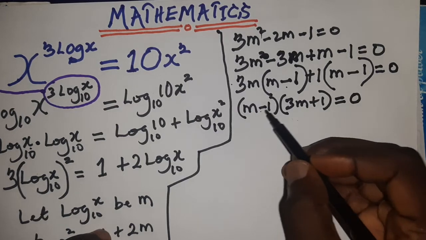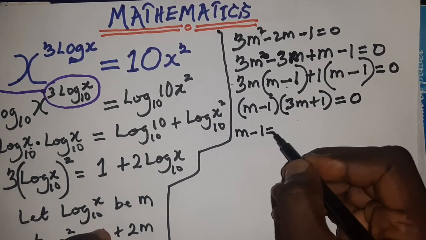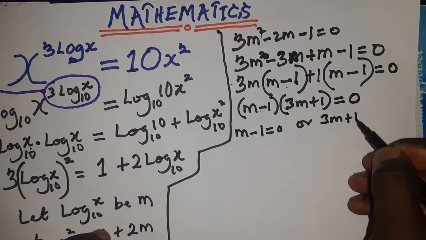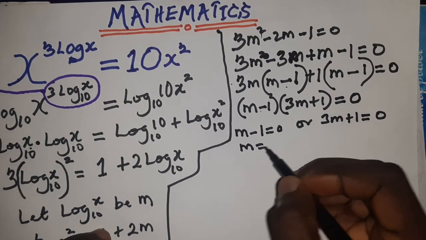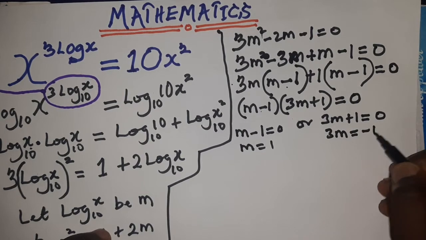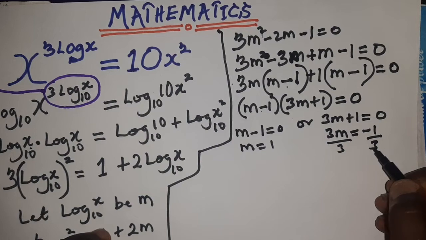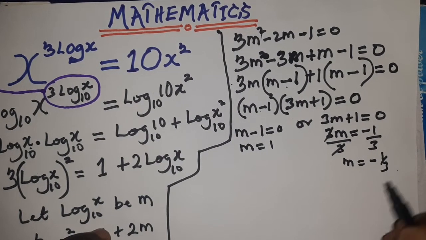So if this times this gives 0, it means either m minus 1 equals 0 or 3m plus 1 equals 0. So from here I have m equals 1, and here I have 3m equals minus 1 if plus 1 moves over. Then dividing both sides by 3, I have m equals minus 1 over 3.